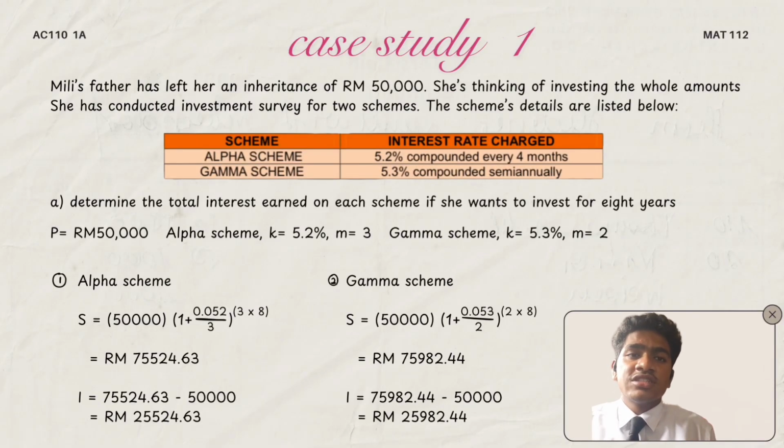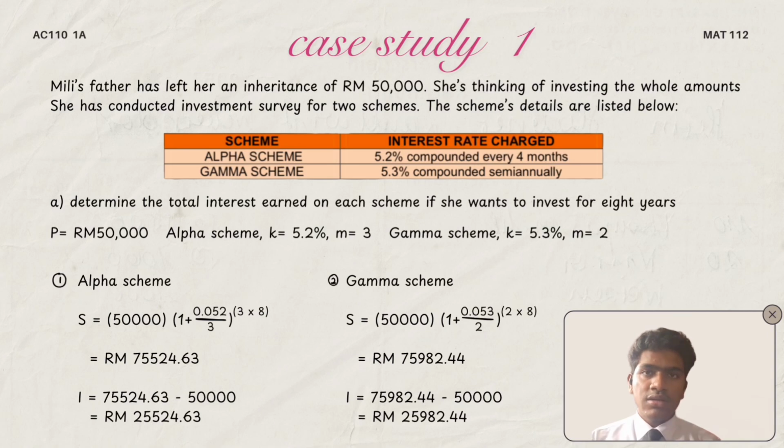To find total interest, first we need to find the future value. So we need to apply the future value formula on each scheme. For the alpha scheme, S is equal to 50,000 times (1 plus 0.052 divided by 3) to the power of 3 times 8. The answer should be 75,524.63.